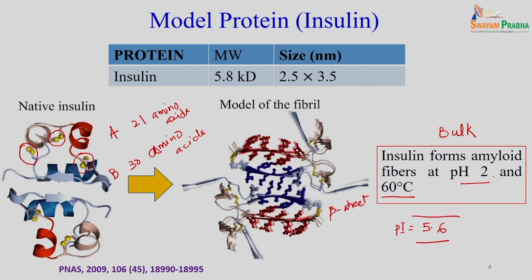So, at pH 2, the pH is less than the pI, so it will have a positive charge. But if you use pH 7.4, then 7.4 is greater than the pI, and under those conditions insulin is found to be more stable as compared to pH 2.